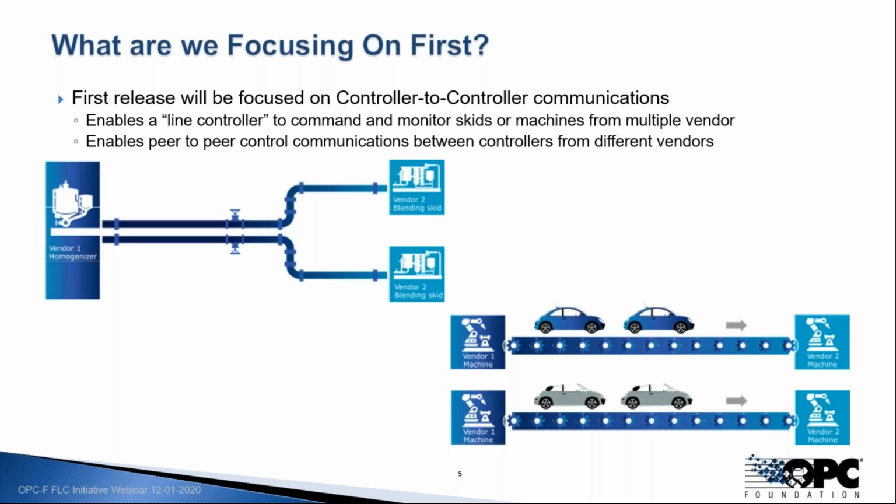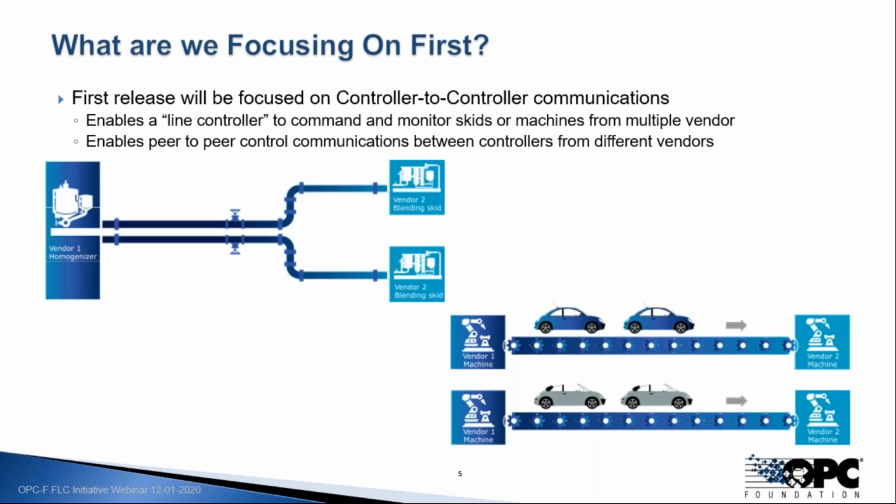This is a problem that our customers face every day. And similarly, scenarios where machines from different vendors might be interacting on a production line and need to exchange data in more of a peer-to-peer fashion, another problem that our customers face each and every day.